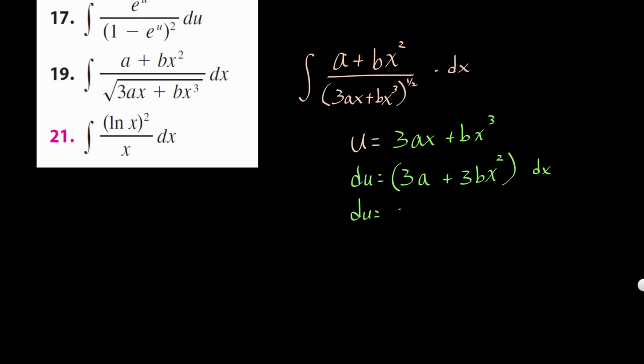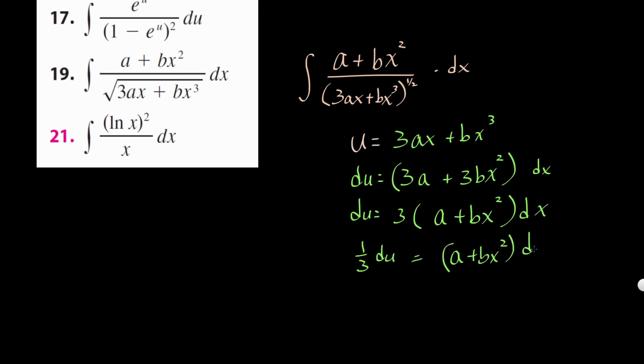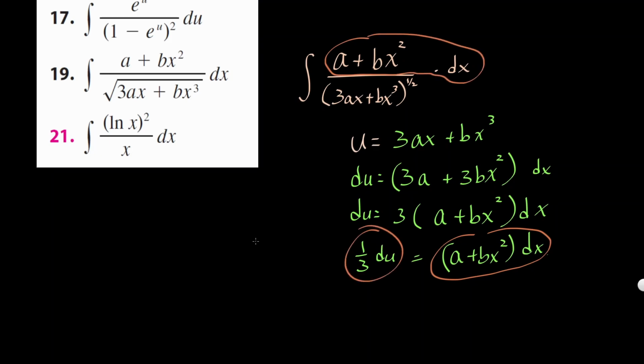So du is equal to 3 times a plus bx squared dx. I need to divide by 3 on both sides, so 1/3 du is equal to a plus bx squared, everything times dx. The whole numerator is going to be 1/3 du.